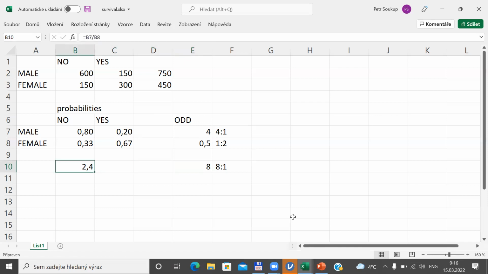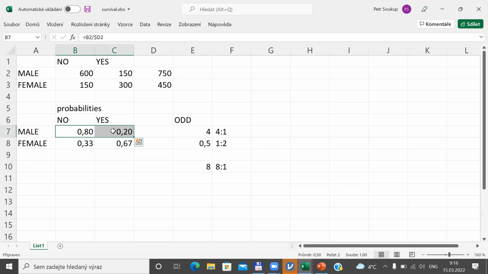Okay, the last discussion related to this step should be once again about the theoretical minimum and maximum for the odds ratio. What could be the minimum value and what could be the maximum value? For probabilities, we were making fractions from two non-negative values between 0 and 1.